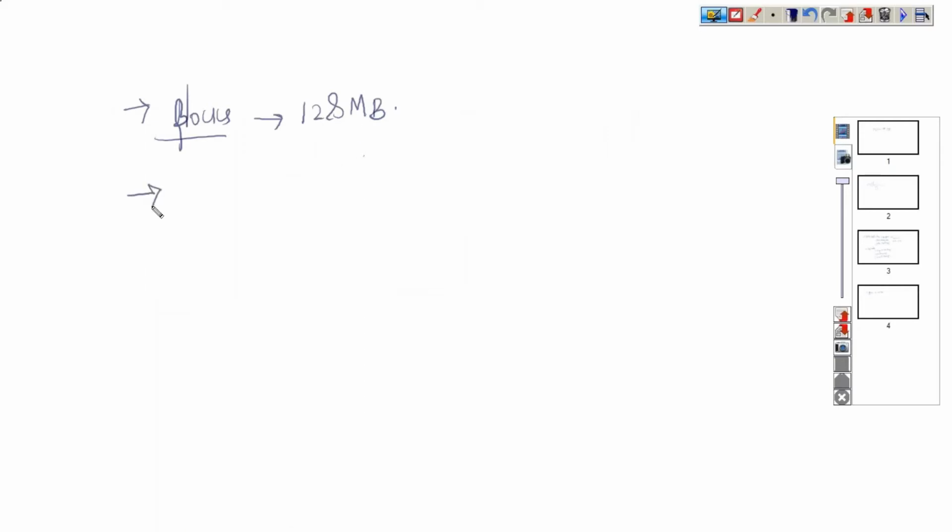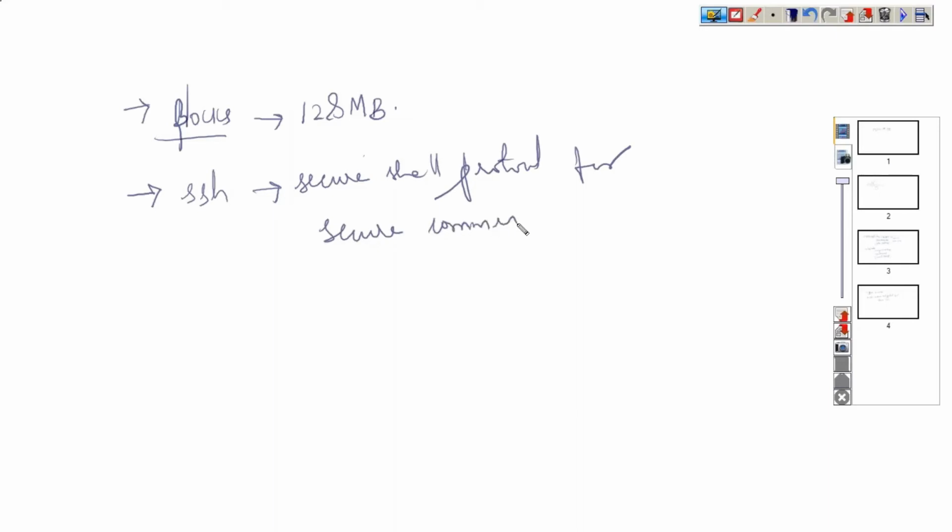One more concept we discussed is SSH. What is SSH? It is Secure Shell, a protocol for secure communication between data nodes and the NameNode.